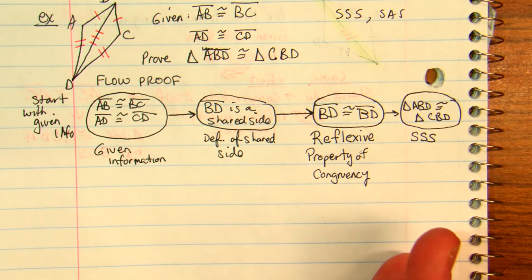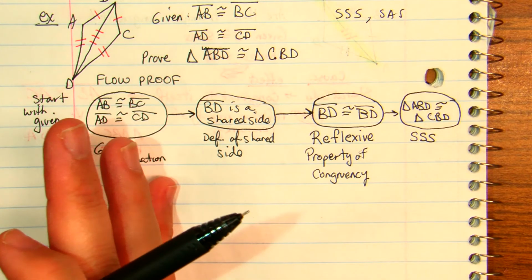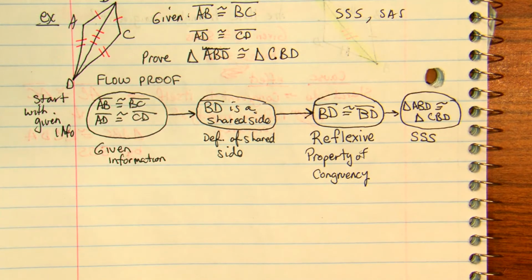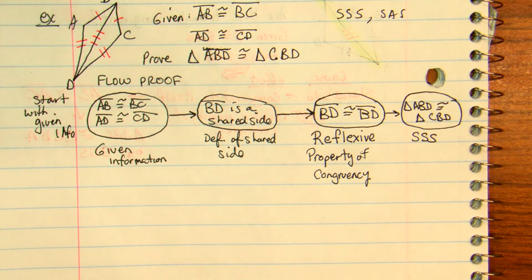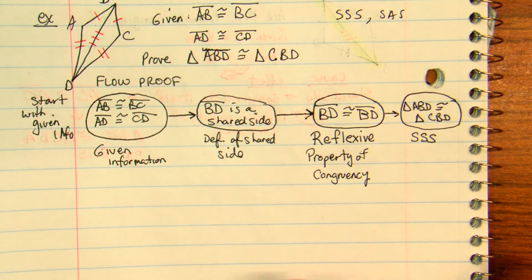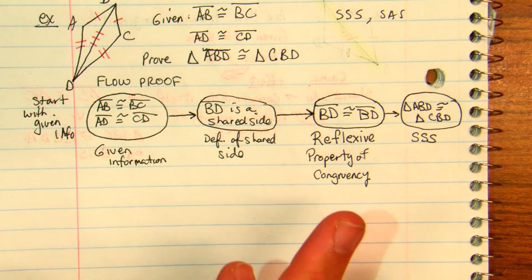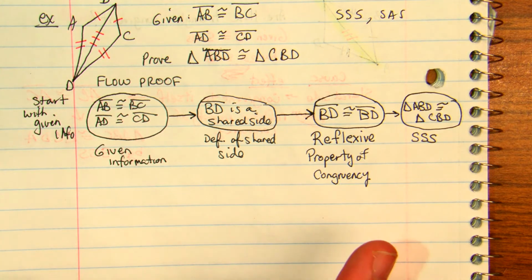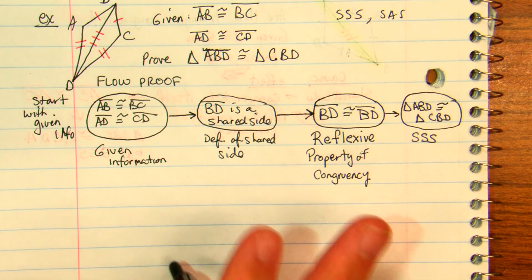And because one piece of given information is going to give us something different, another piece is going to give us something different, we could go from there. But this is basically what's happening. So this is what a flow proof is going to look like.